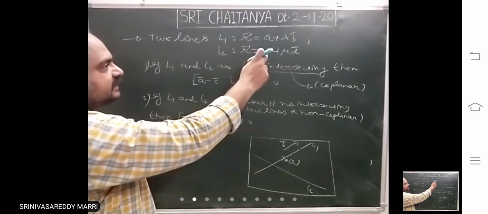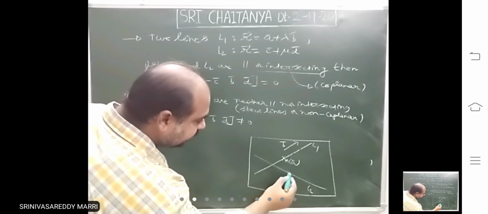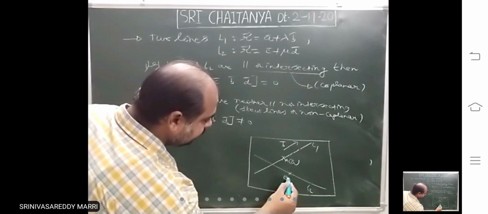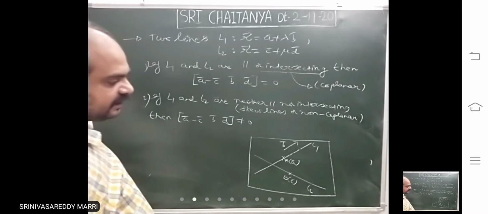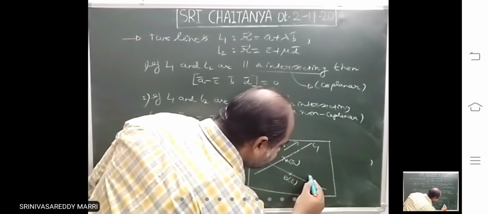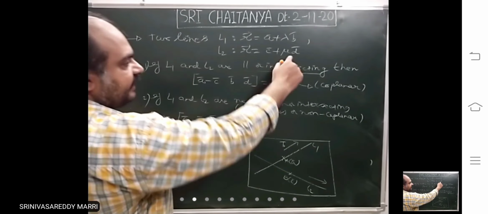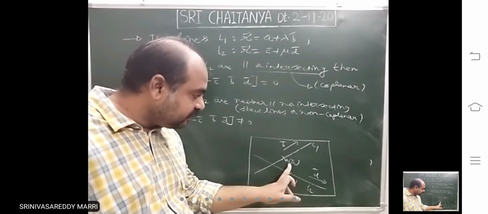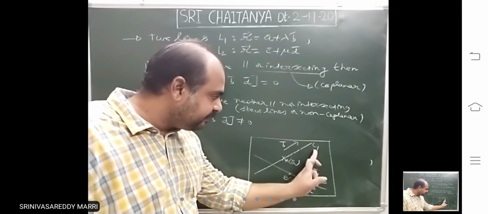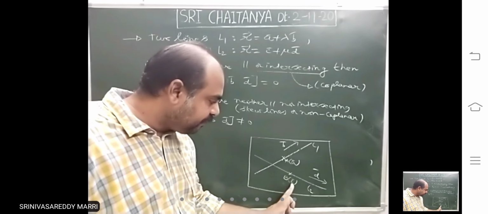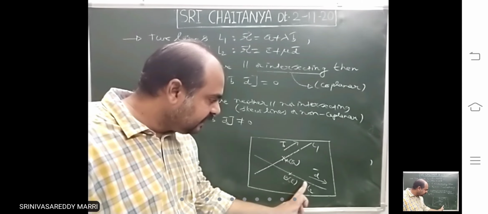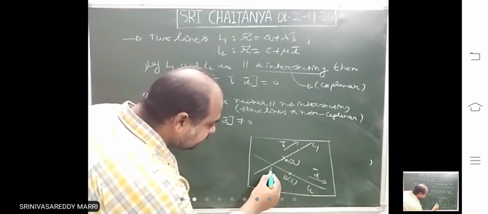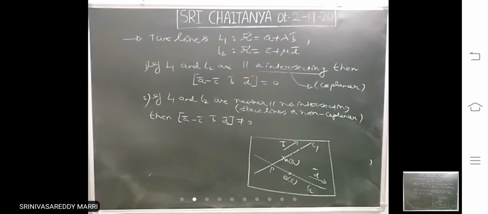And the second line passes through the point, let us say B, whose position vector is c bar, and the line is drawn parallel to the vector d bar. Suppose the lines intersect at P.